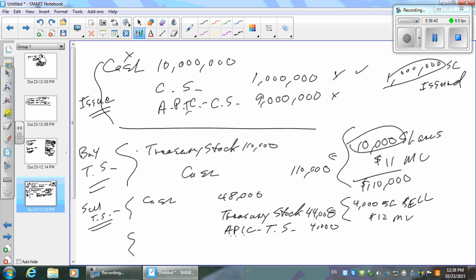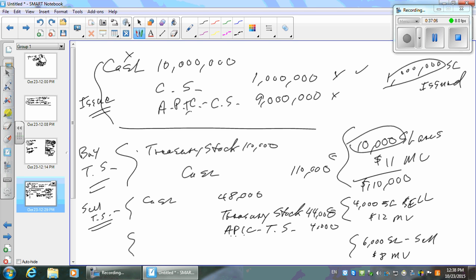It's where it came from, right? So now you have additional paid-in capital on common stock, and maybe preferred stock, and you might have additional paid-in capital from treasury stock listed in your paid-in capital. Now let's say that I sell off the other 6,000 shares, but it's too bad. The bottom fell out of the market, and they're only worth, I don't know, $8 per share.